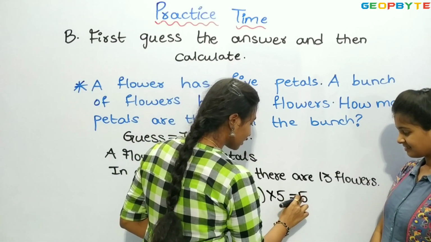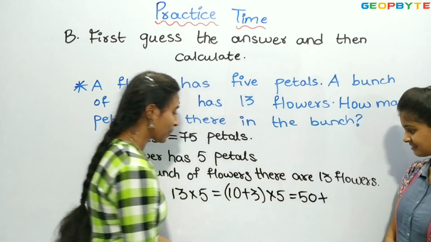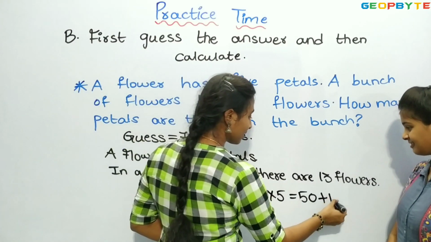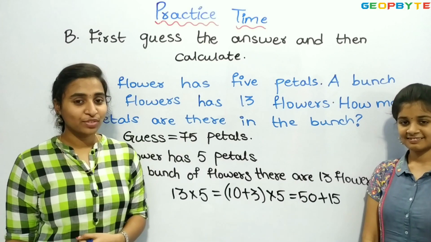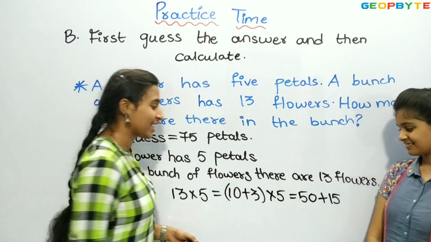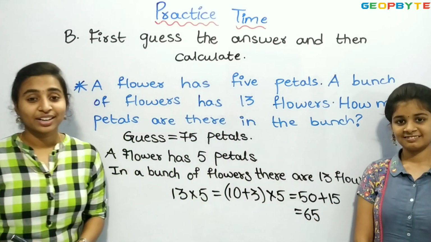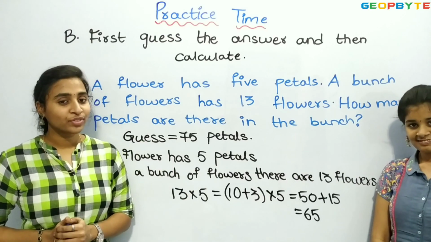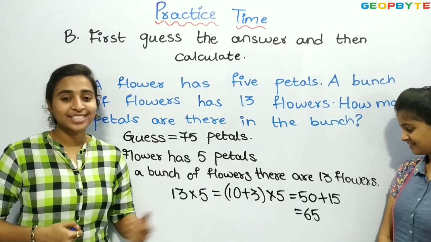50 plus 3 5s are 15. So children, we got 50 plus 15. 50 plus 15 is equal to 65. Children, see, we got the total number of petals of 13 flowers in a bunch of flowers as 65.